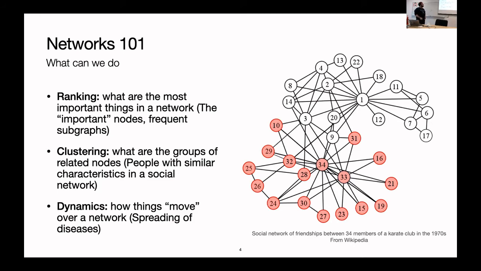We can be interested in finding groups of related nodes, for example mining groups of people who share similar characteristics in social networks, or we can put some processes on a network and study the dynamics, basically understanding how things move on a network, for example the spreading of a disease.